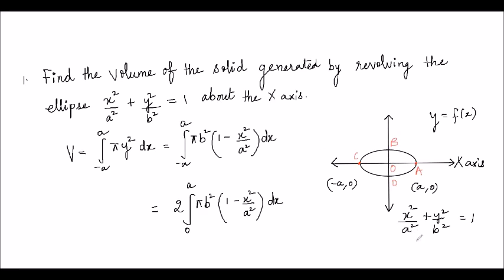Now the same problem can also be done with the help of parametric equation of ellipse. We know that the parametric equations of this standard ellipse are x is equal to a cos theta and y is equal to b sin theta. So in that case, we will be using the formula of volume which we have for parametric curves.